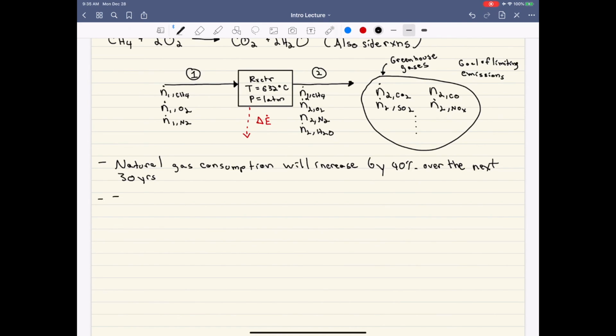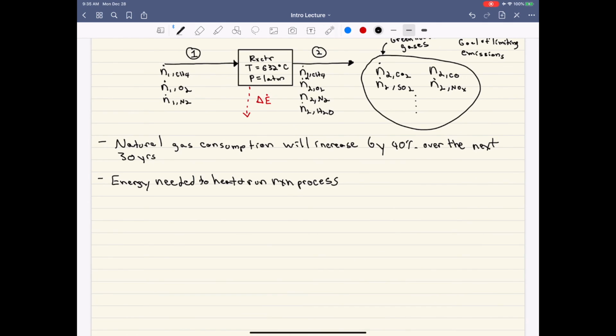And so energy is going to be needed to heat and run the reaction process, right? And in order to get that heat, we're going to need to burn other things as well. And you could see how this process, even though we're just looking at a very simple reactor, is already going to become more complex, right?